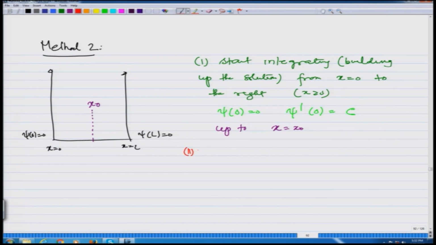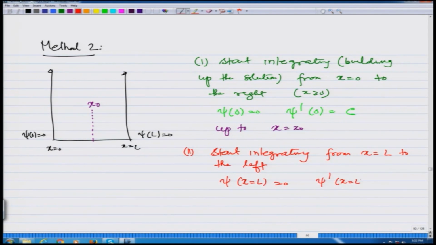Second, start integrating, again building up the solution, from x equals L to the left. So, what you will do is psi at x equals L is 0, take psi prime at x equals L to be some other constant c2, psi double prime I know. So, you start again integrating to the left up to x equals x0.